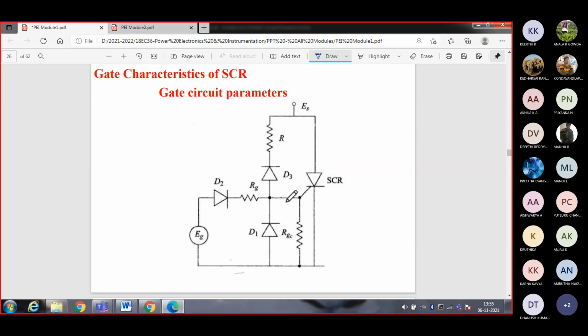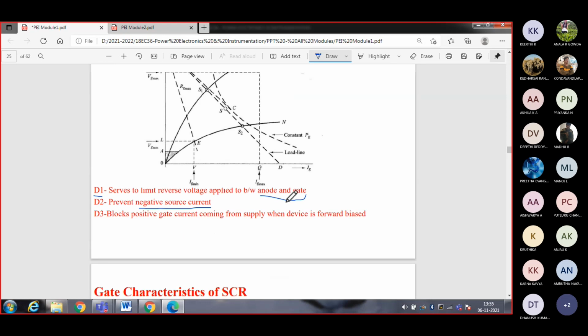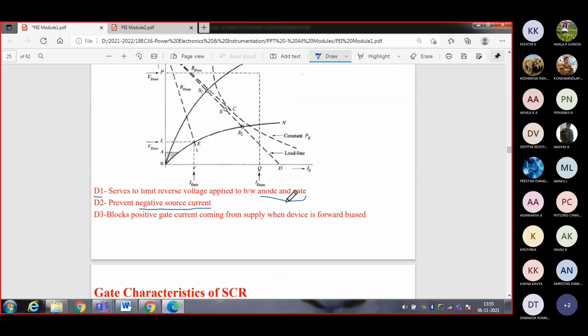So D1 limits the reverse voltage, D2 prevents the negative source current, and D3 blocks the positive gate current coming from the supply. These three lines should be there in your answer. And then the diagram, that is the VI characteristics.